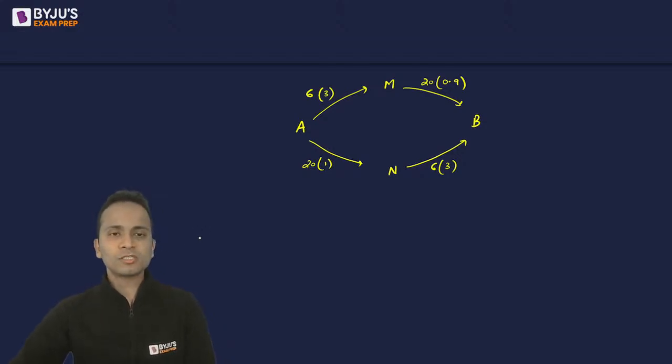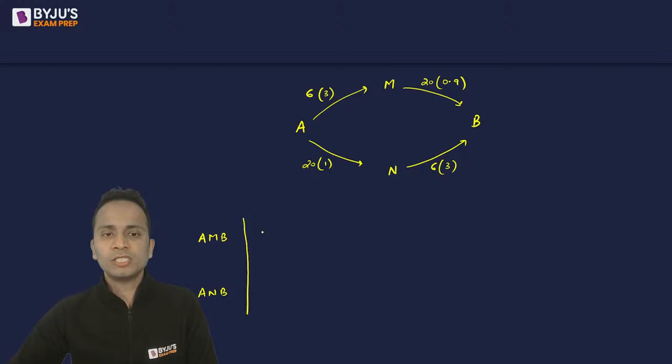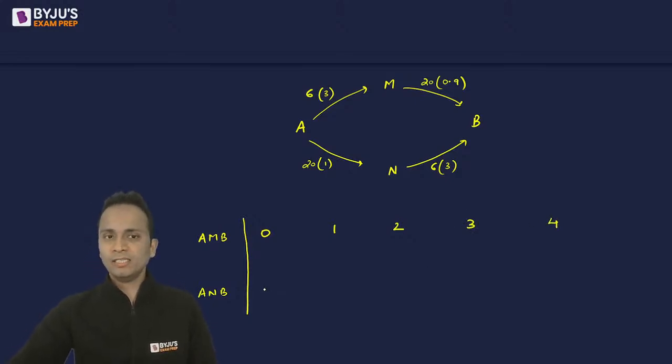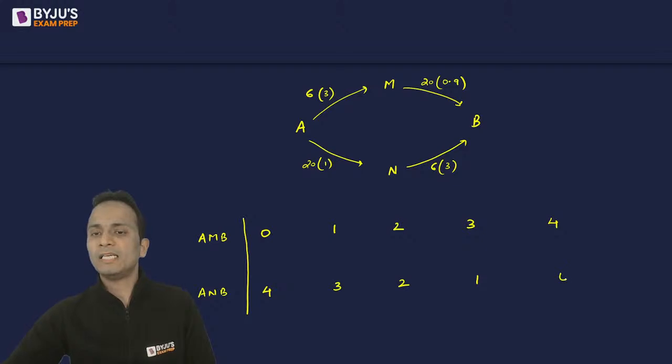Now I have two routes. One route is A, M, B and the other route is A, N, B. What can be the different possibilities? Let us write all of them. 0 cars will travel from here, then 1 car, 2 cars, 3 cars and 4 cars. On the other hand, all 4 cars will travel from here, then 3, 2, 1 and 0.